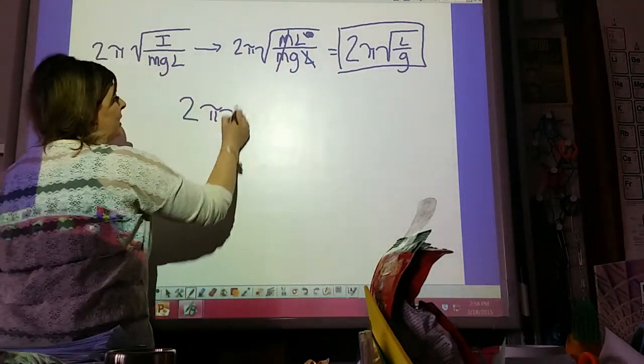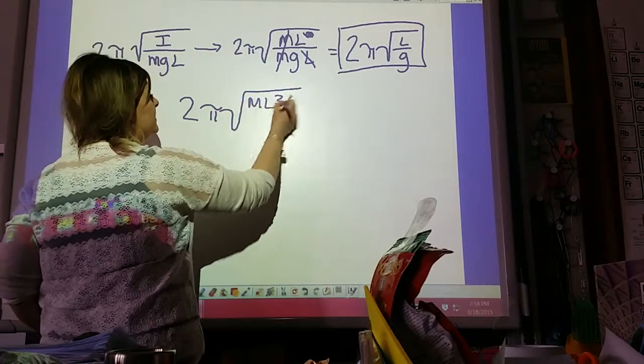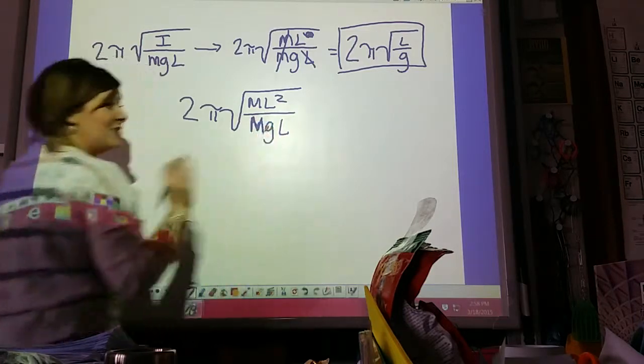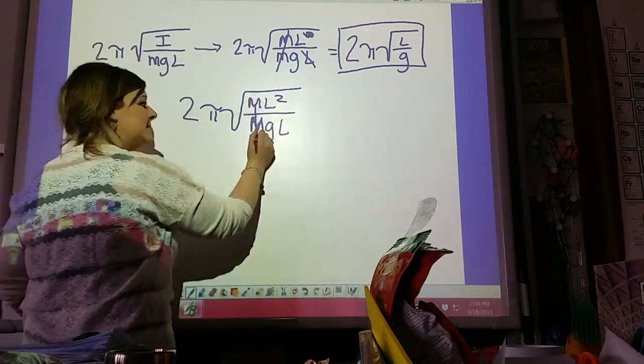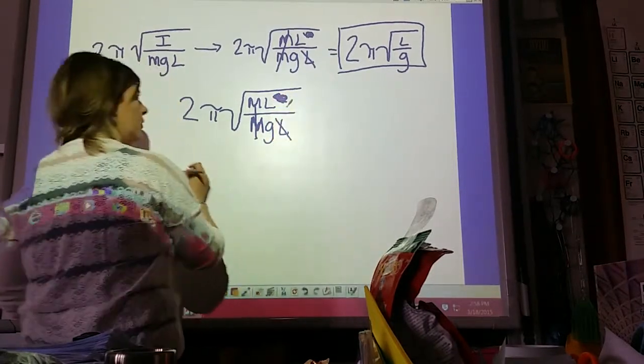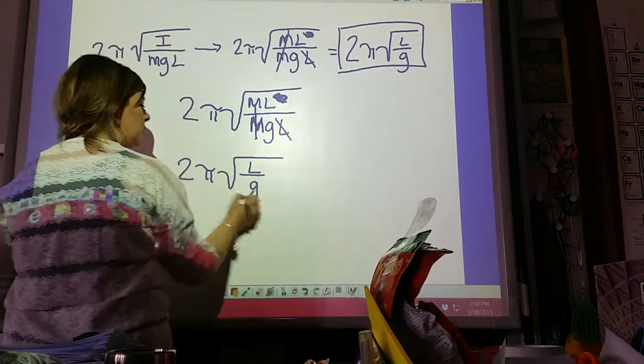So I have 2 pi times the square root of ml squared over mgl. Masses cancel. L cancels down here. I'm left with 1 L over here. So I'm left with 2 pi times the square root of L over g.